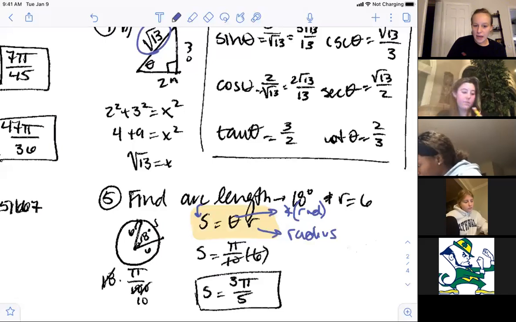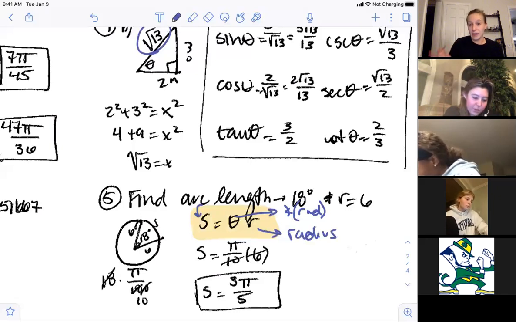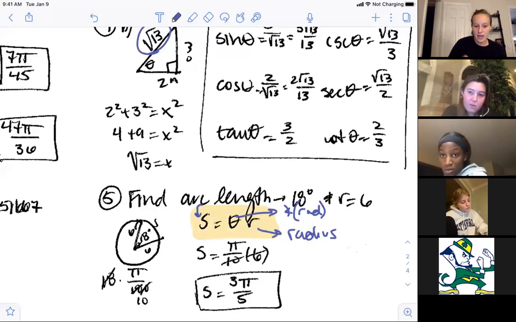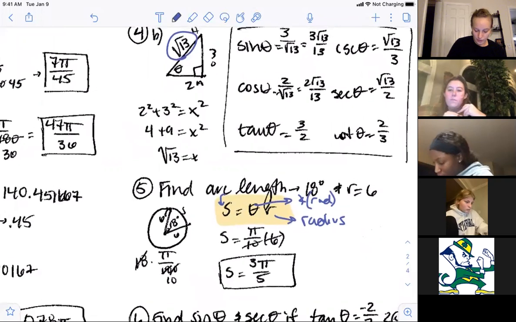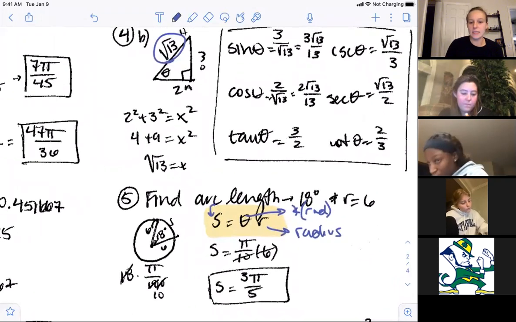So I told you that it was 18 degrees and I told you that the radius was 6. So I could just fill 6 in for R, but to find theta, I had to put that into radians, and then I could multiply those two numbers together. So 18 degrees, do 18 times pi over 180, and that's just pi over 10. And then when you do pi over 10 times 6, I could just simplify it to be 3 pi over 5.